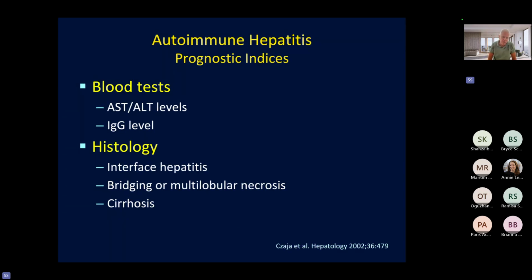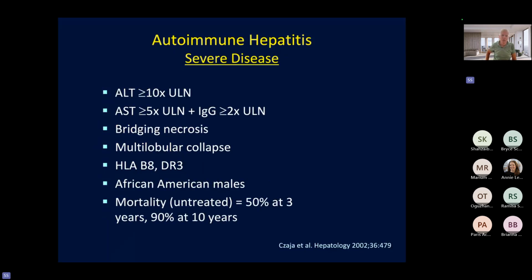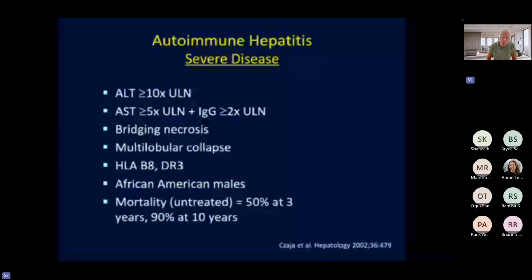And is frank cirrhosis developing or has developed? In severe disease, to go over it again, this is characterized by an ALT greater than 10 times the upper limit of normal, or an AST greater than 5 times the upper limit of normal, plus an IgG greater than twice the limit of normal.